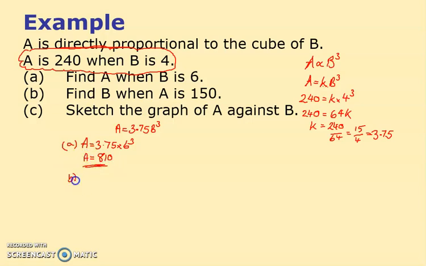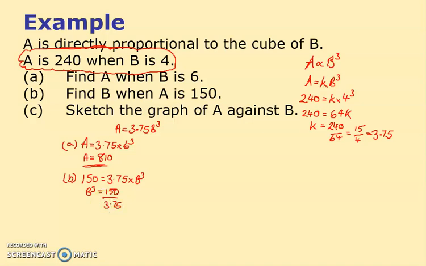What does part B say? Part B says find B when A is 150. So it's the other way around. A is 150. And just going back into this equation, 150 equals 3.75 times by the B cubed. So presumably B cubed is 150 shared by 3.75.